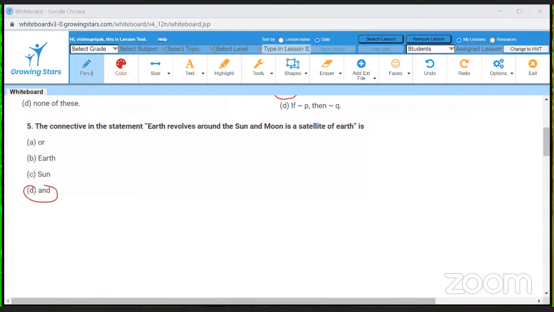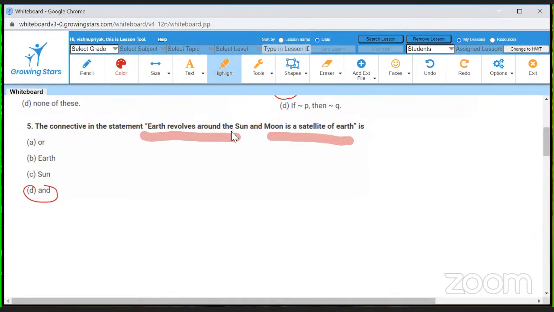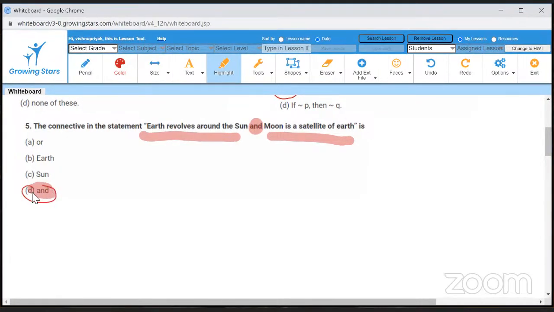The given statement is Earth revolves around the sun and moon is a satellite of Earth. Two statements, Earth revolves around the sun, moon is a satellite of Earth, are joined by 'and'. So it is the connective.